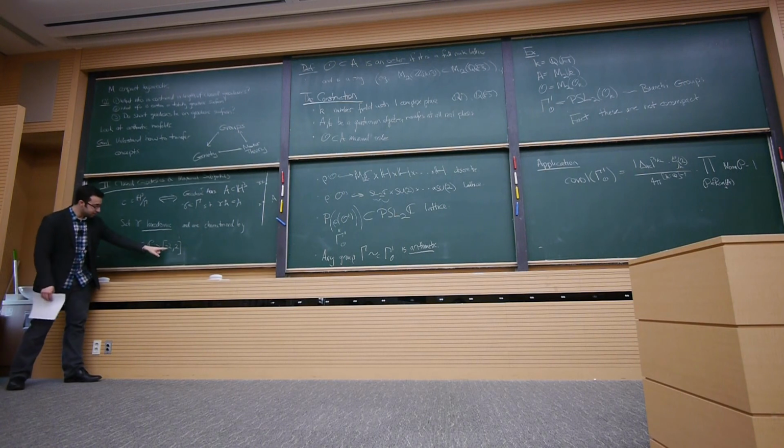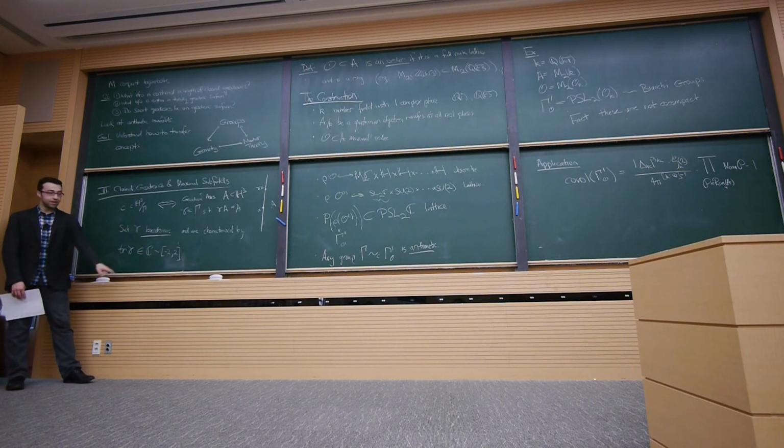The trace just cannot be a real number between -2 and 2.